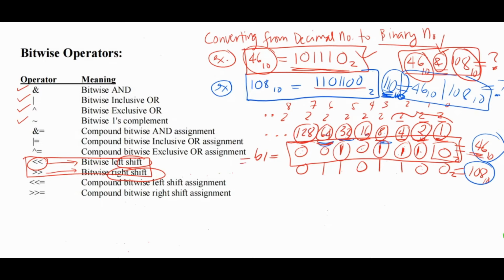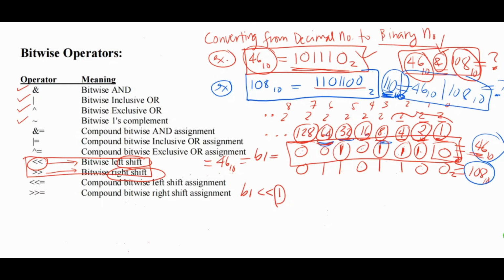So say B1 is decimal number 46, or equal to this base 2 binary number. So what is the value of B1 left shift 1? This 1 here is the number of times you shift the bits going left.